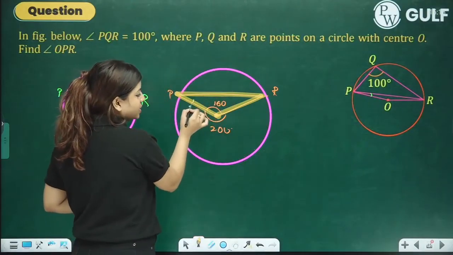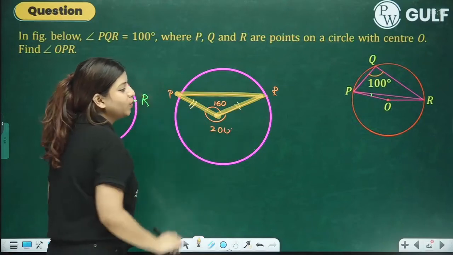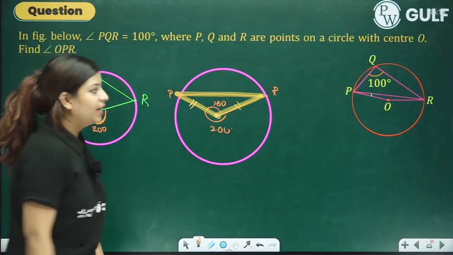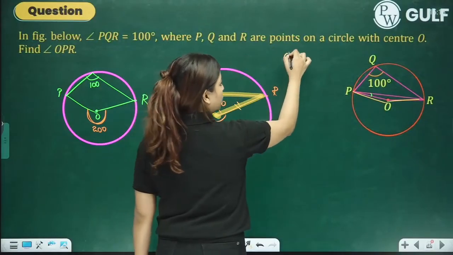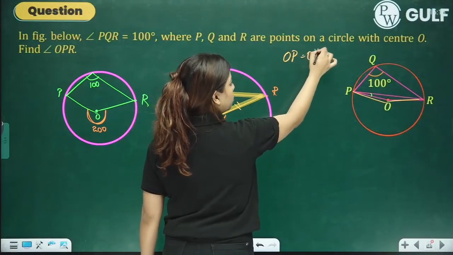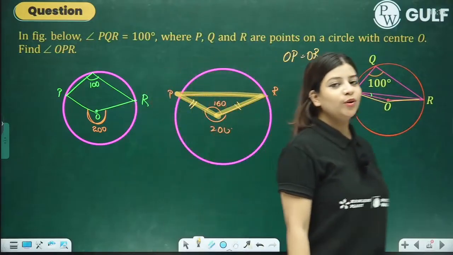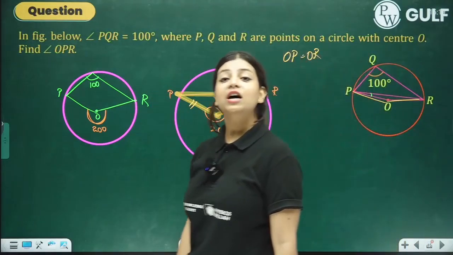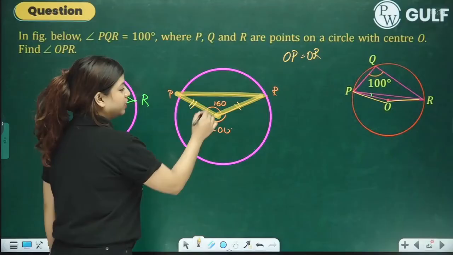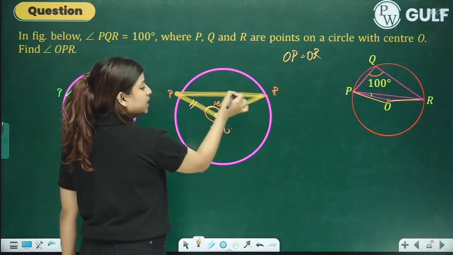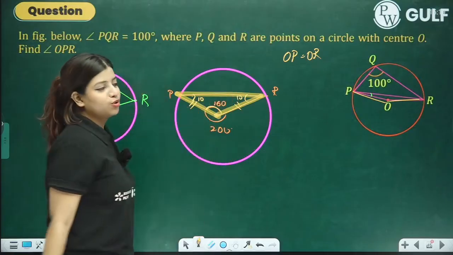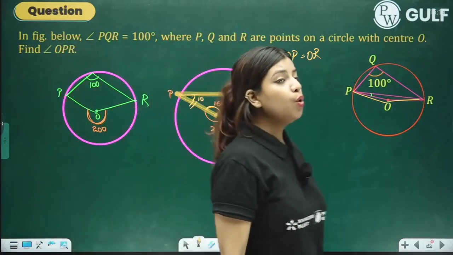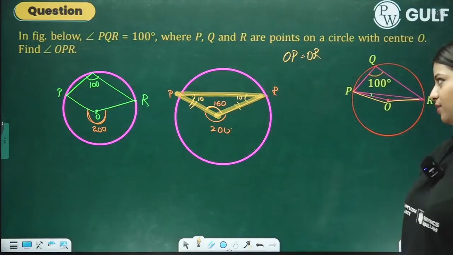This side will be equal to this side. Why? Because both of them are the radii of the circle. So OP will be equal to OR. So each of them will be 10 degrees, so that they add up to 180 degrees.